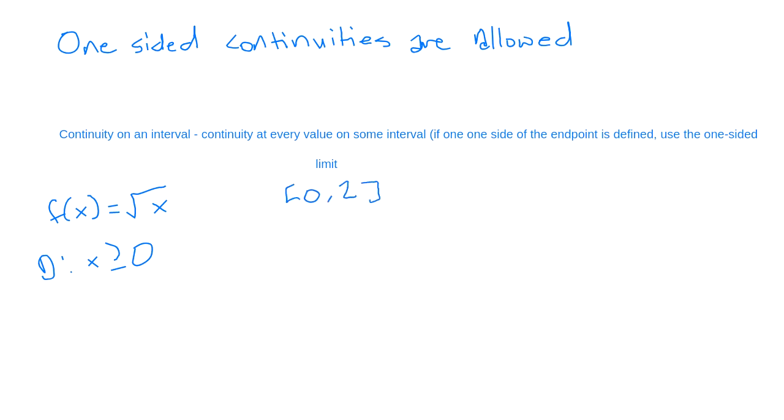We can still tell if that's continuous. And it is continuous, but we're allowed to say that because we can just take that positive point and approach just from that right side. That's okay.